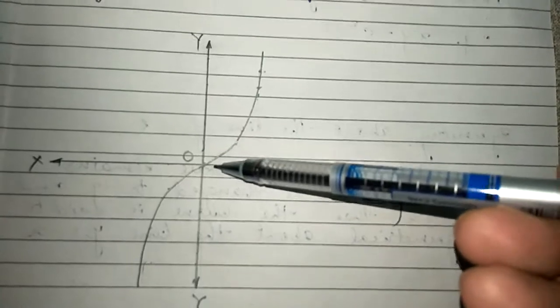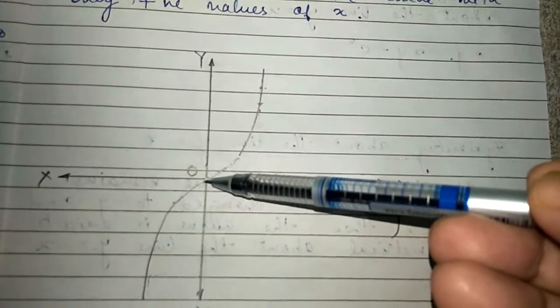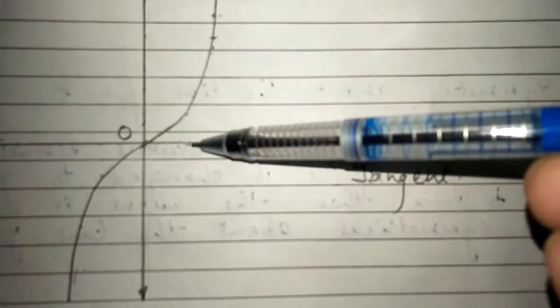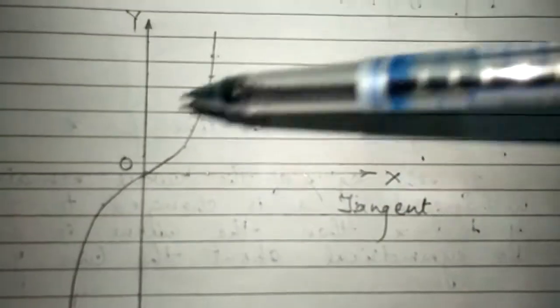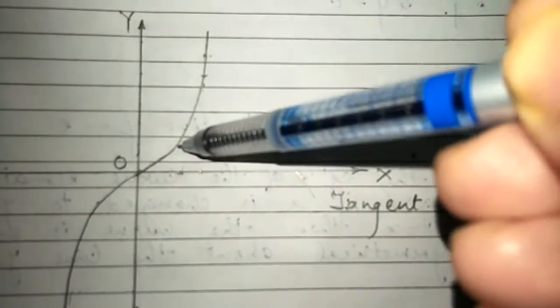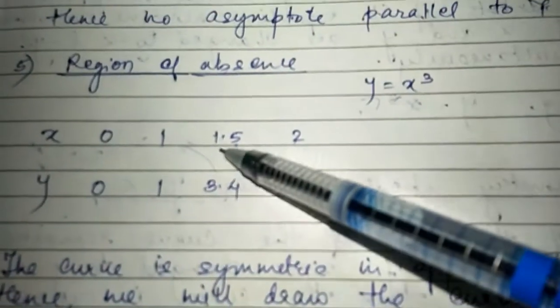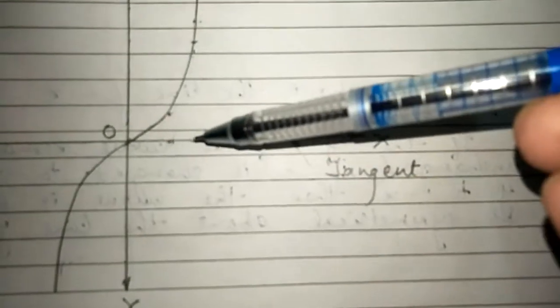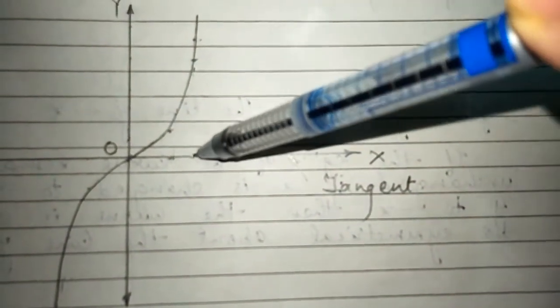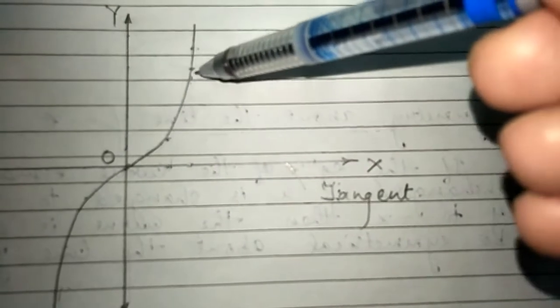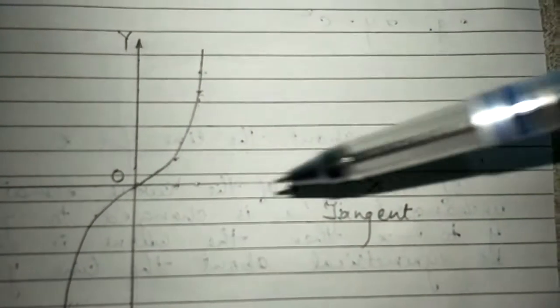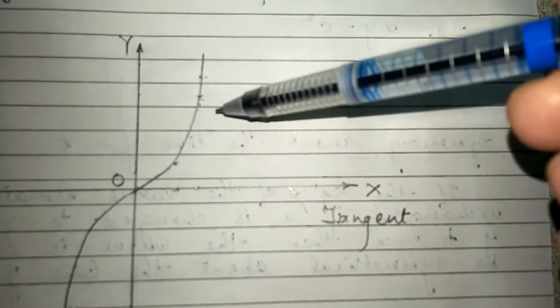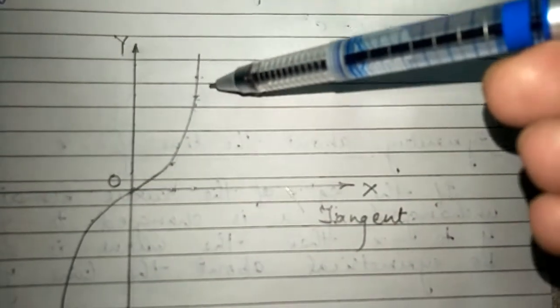So now if we see, when x is 0, y is 0. It will be this point. Then we have x is 1, y is 1. So if we take 1 here as x, we have y as 1, suppose here. Then x is 1.5, we have y as 3.4. So if x is 1.5 approximately here, 3.4 will be somewhere here. So with the help of these points, we can trace the curve.